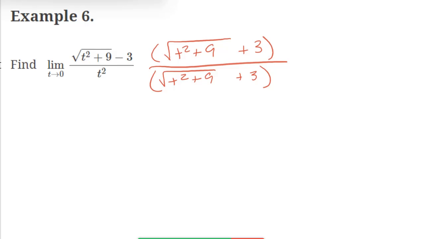So we're going to multiply by its conjugate pair. What that does, the bottom is just multiplied because there's nothing really changed in the bottom. The top, however, becomes the square root of t squared plus 9, squared, minus 9, because the middle two terms are going to cancel out.